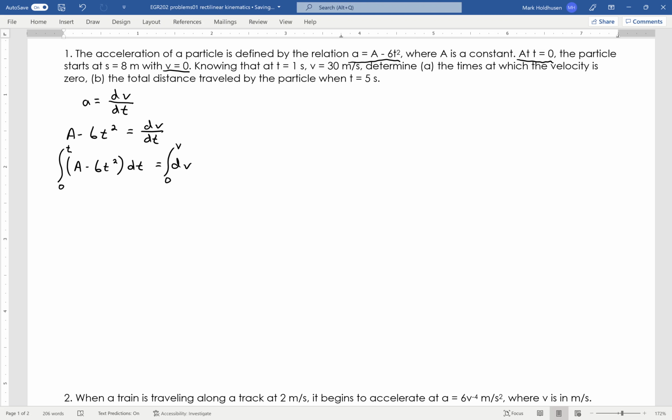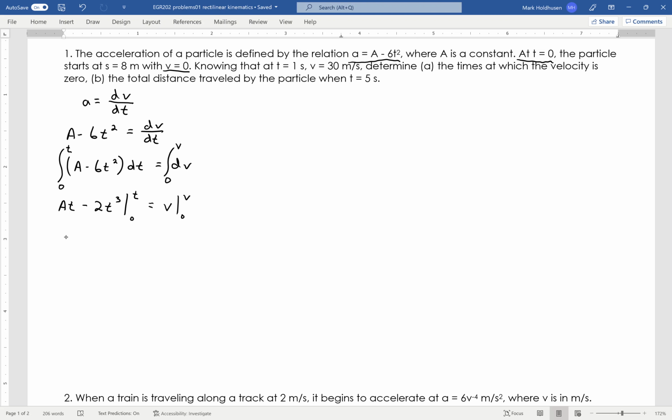So when I integrate the left side, A goes to At, and 6t squared goes to 2t cubed. I'm going to evaluate this from 0 up to t. On the other side, dv just equals v, evaluated from 0 to v. Plugging in 0, everything goes to 0.